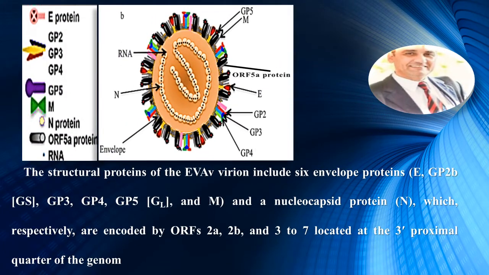The structural proteins of the equine viral arteritis virion include 6 envelope proteins, E, GP2b, GS, GP3, GP4, GP5, GL, and M, and a nucleocapsid protein N, which are respectively encoded by ORFs 2a, 2b, and 3 to 7, located at the 3' proximal quarter of the genome.